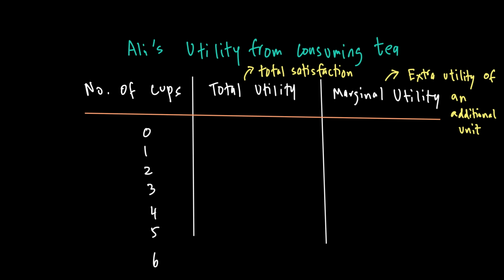in a day. Now, in reality, we cannot measure utility for any good or service, because if you ask me how much satisfaction I get from, let's say, 6 cups of tea, I may not have any answer, because I don't know how much satisfaction I get.